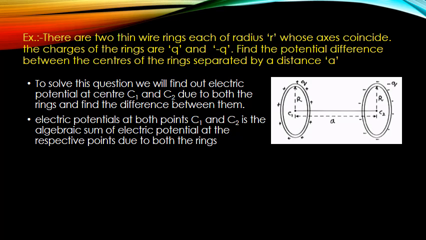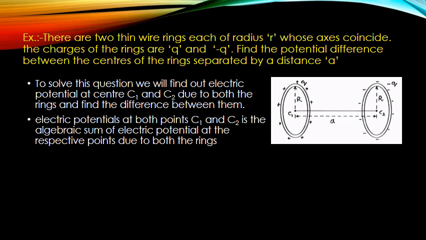Our next problem is on finding out electrostatic potential difference between the centers C1 and C2 of two charged rings carrying charges Q and minus Q distributed uniformly throughout their length. To solve this question, we will find out electric potential at centers C1 and C2 due to both the rings and find the difference between them.